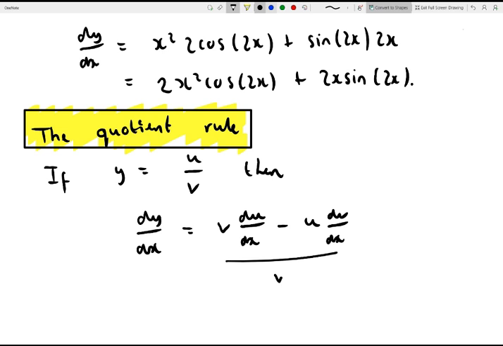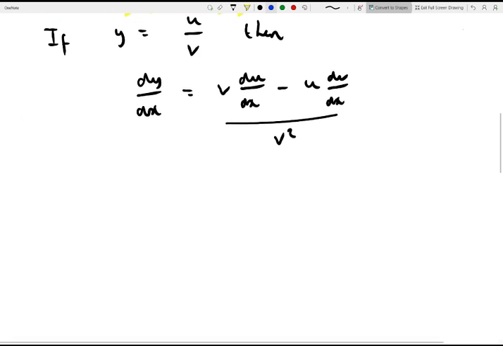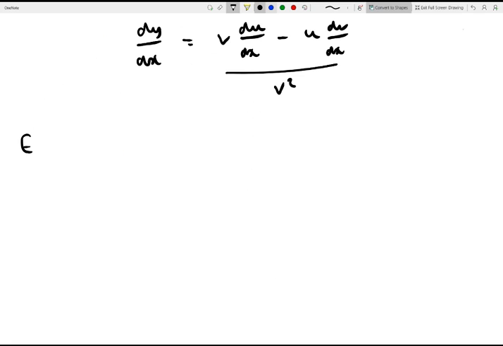And let's jump straight in and have a look at an example of the quotient rule.